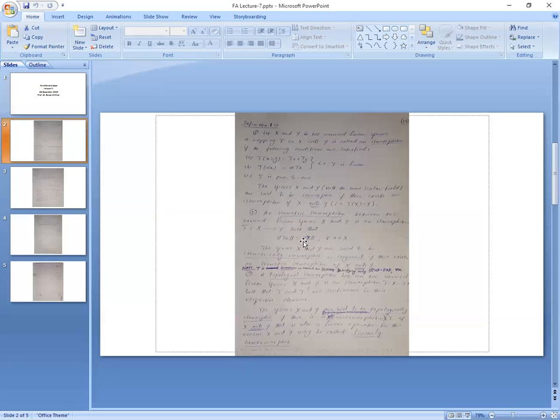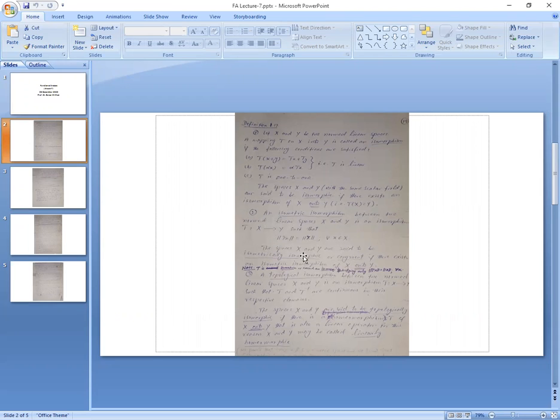And the condition is that norm of Tx is equal to norm of x for all x in the domain space X. If this additional condition is satisfied by the isomorphism T, then T is said to be an isometric isomorphism.